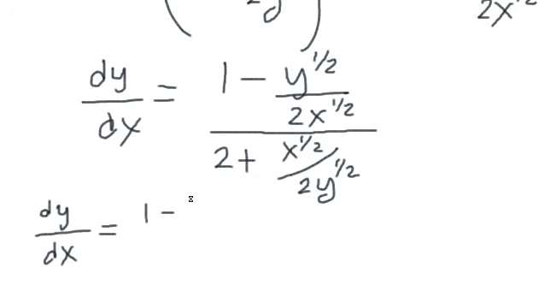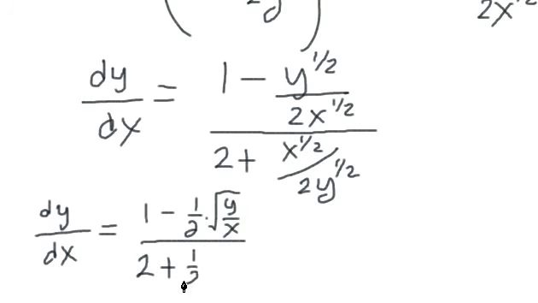We could actually rewrite this as, we got a 2 down here, 1/2 times the square root of y over x. Okay, that's totally legal, and that's because y is to the half and x to the half, over 2 plus, and I can do the same thing down here.